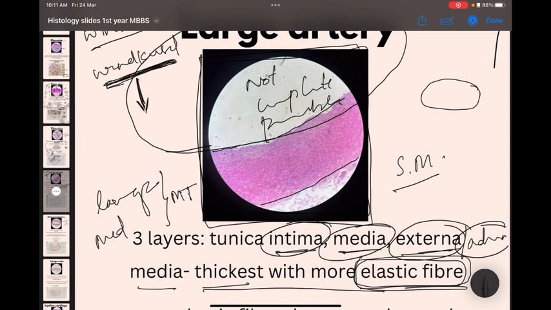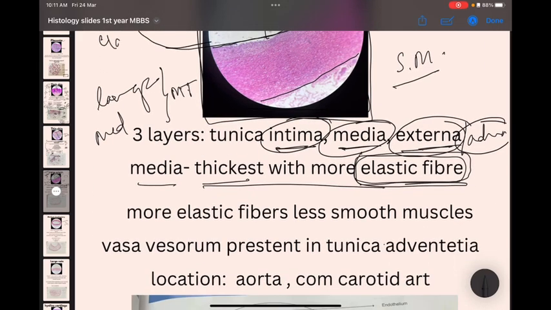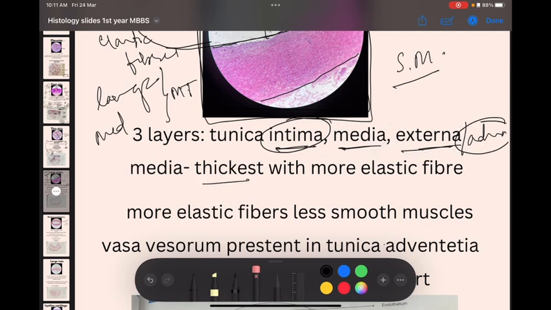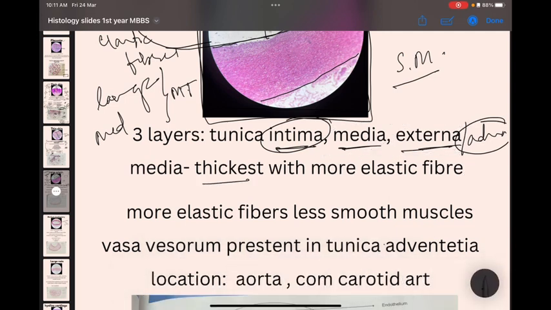So in order to provide that elasticity, elastic fibers are present. So in the media, thick elastic fibers are present compared to smooth muscles. More elastic fibers, less smooth muscles.